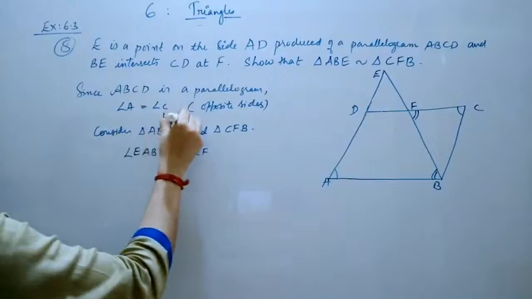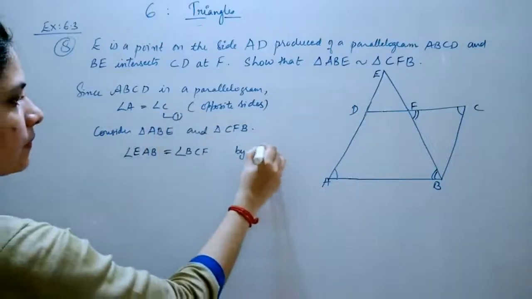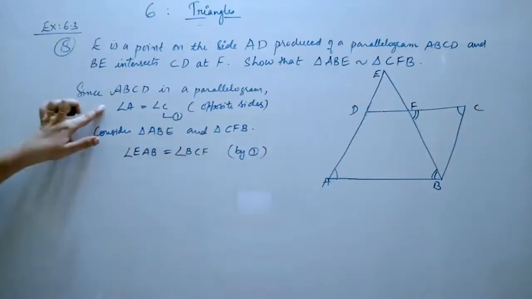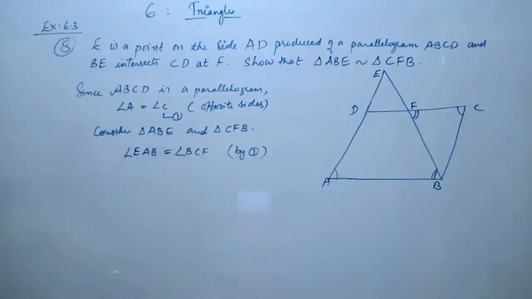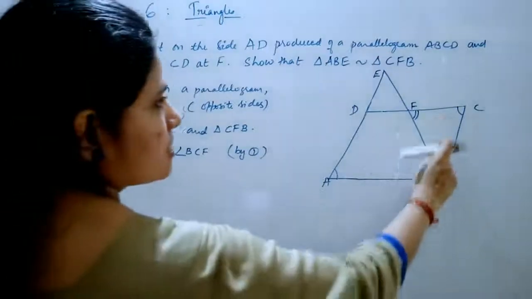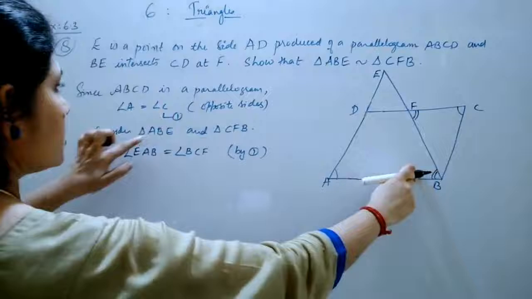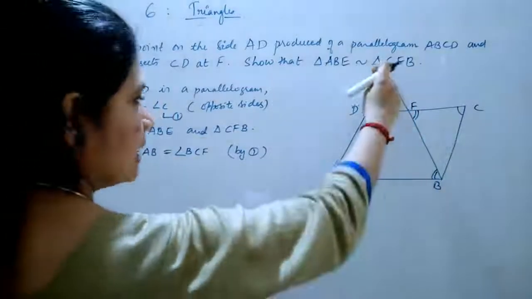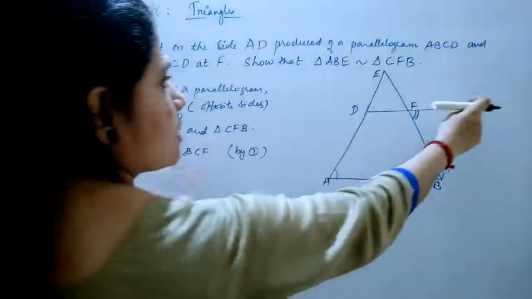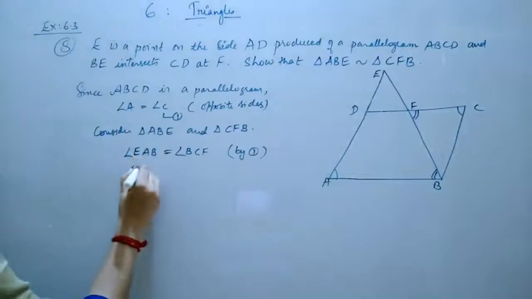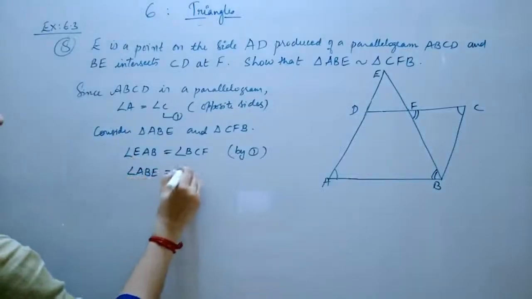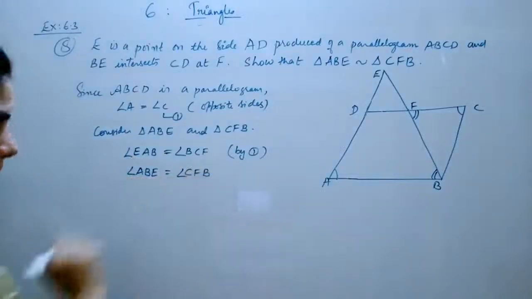So this is actually from the first equation, same concept which we have already told, right? And the next concept which we will get is, this angle is equal to this angle. What is this angle? This is your ABE, and this angle is your CFB. So angle ABE is equal to angle CFB.